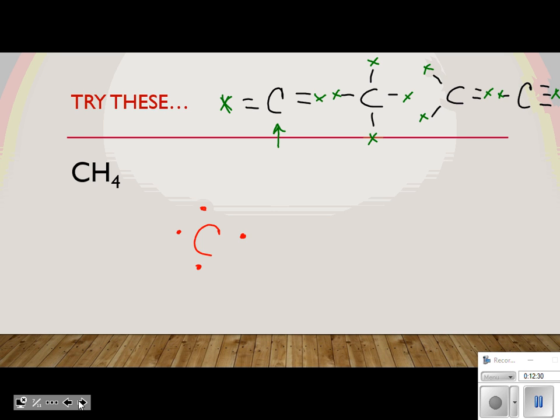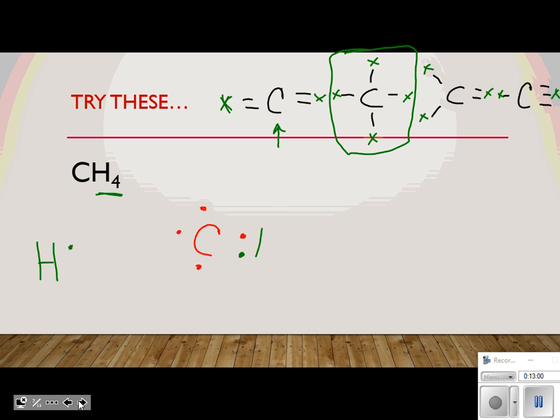This one, I would have 2. So I look here and say, okay, I've got 4 other things, and those 4 other things have 1 open bonding site, don't they? So I'm saying it is going to be this one right here, because I have 4 things with 1 open bonding site, and with carbon I know I have 4 open bonding sites.